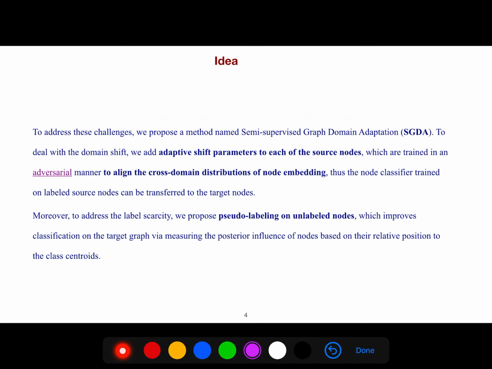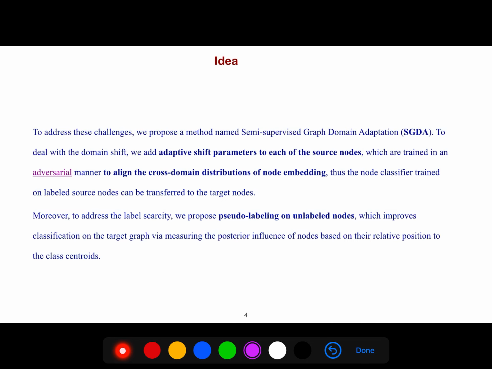To address these challenges, we propose a method named semi-supervised graph domain adaptation. To deal with the domain shift, we add adaptive shift parameters to each of the source nodes, which are trained in an adversarial manner to align the cross-domain distributions of node embeddings.